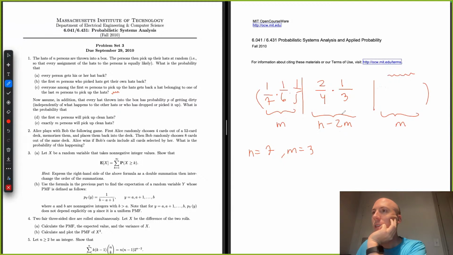Basically, in the outcome that we want, these people pick all the hats from here, so they're gone. Now these people have to pick their own hats from here, so now these are all gone. In order to get the outcome we want, the only hats that would be remaining are these.